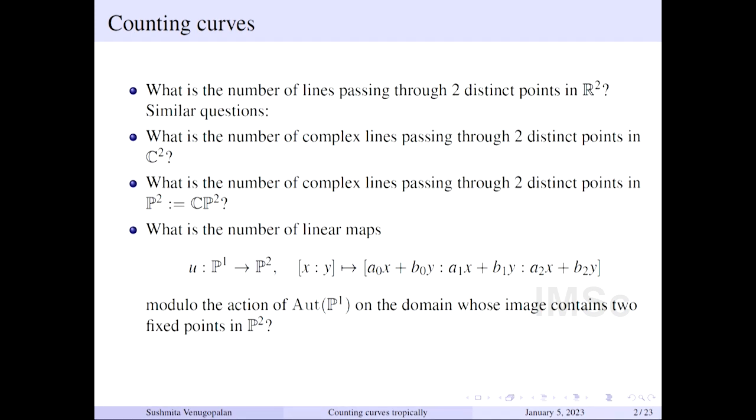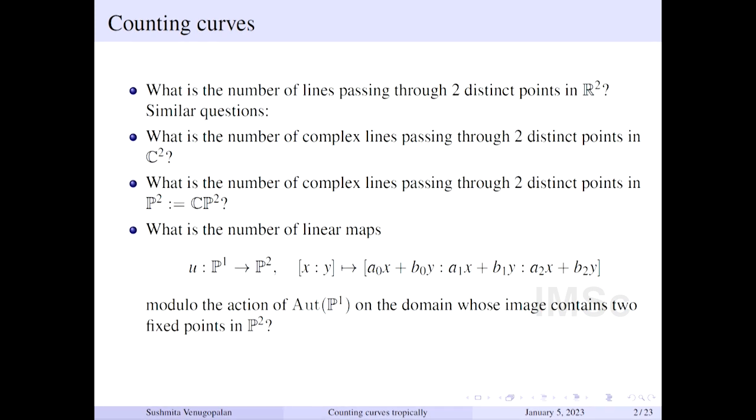Then we also have to account for the fact that reparametrizing the domain should not give you a different line. So we need to take the space of all linear maps and mod out by domain automorphisms, and then look at these objects and constrain them to pass through 2 fixed points.